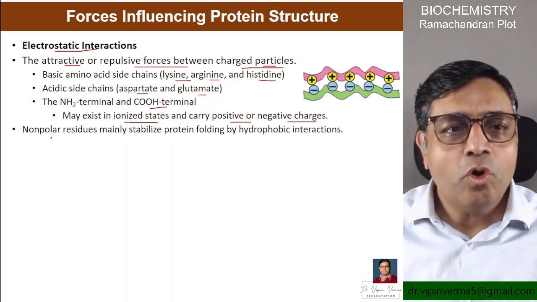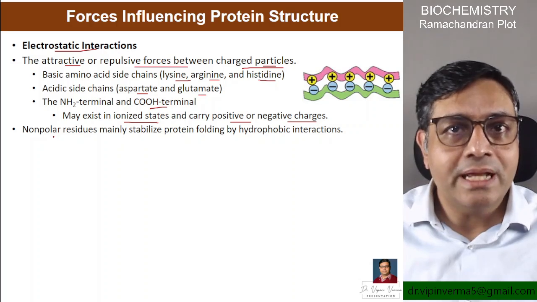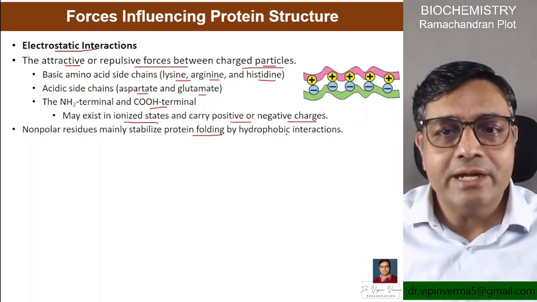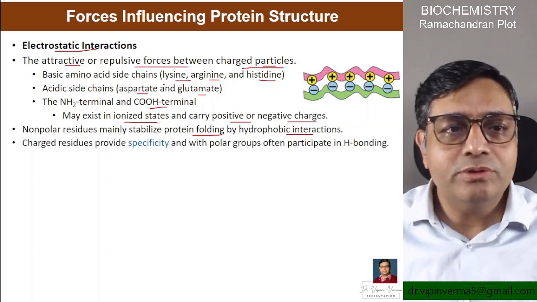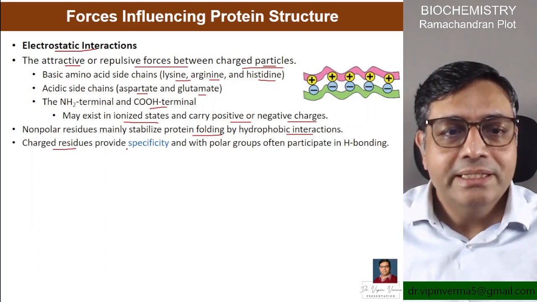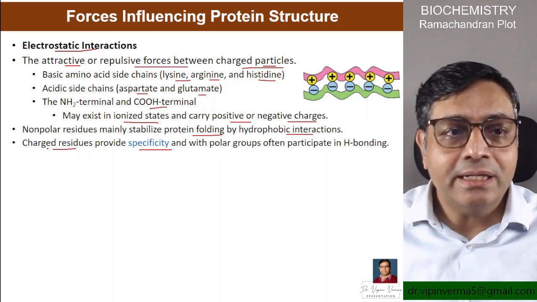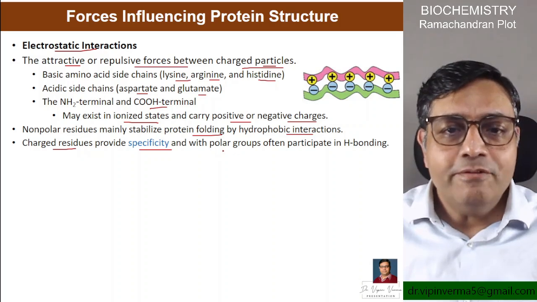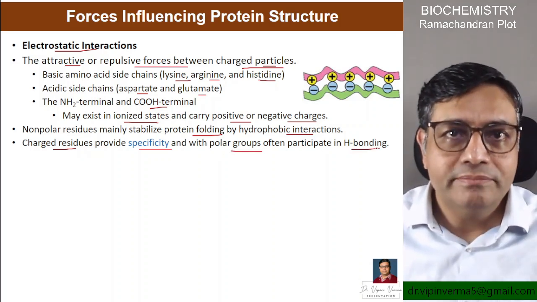Now, non-polar residues, as we understood in the last slide, mainly stabilize protein folding by hydrophobic interactions. But when we talk about electrostatic interactions, these charged residues provide specificity. Remember, charged residues provide specificity. And with polar groups, they often participate in hydrogen bonding.